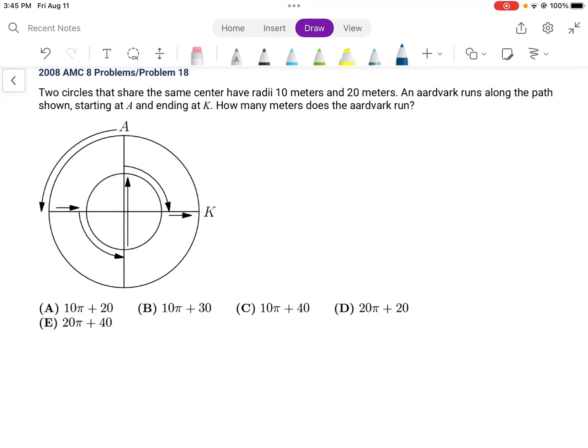Problem 18. We know that the radius of the small circle is 10 meters and the radius of the larger circle is 20 meters.